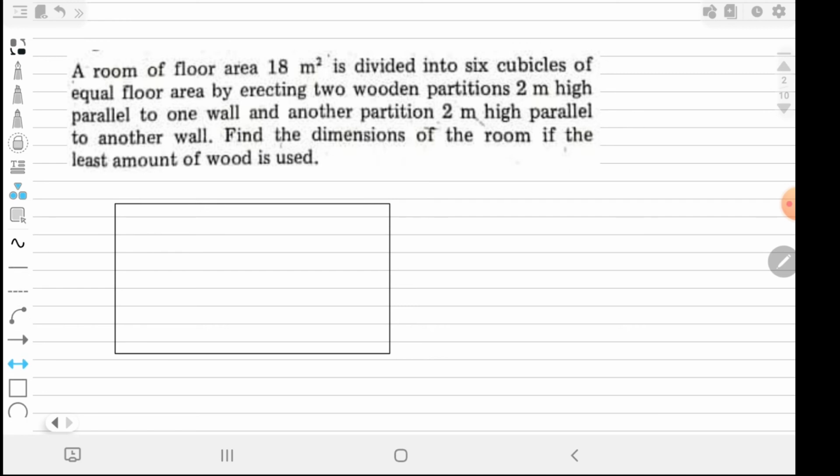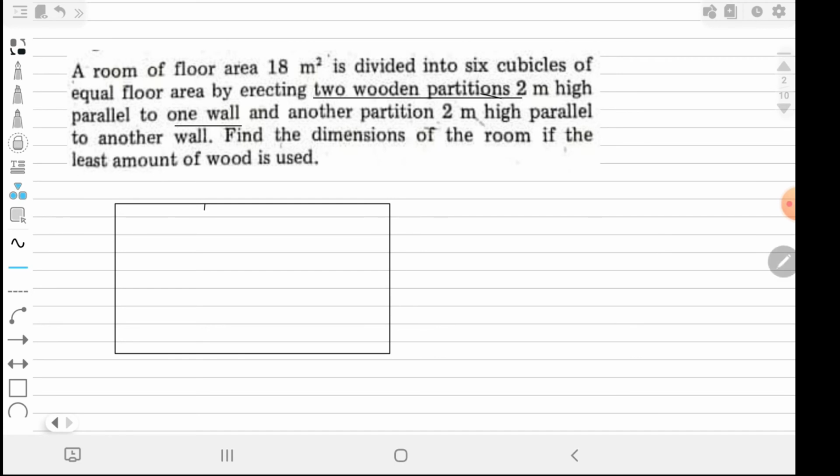According to the problem, we have two wooden partitions parallel to one wall and another 2 meter high parallel to another wall. So two woods are parallel to one wall, and one wood is parallel to the other wall.